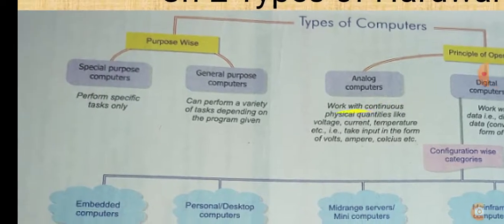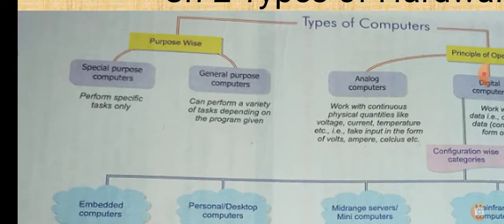When we divide computers on the basis of purpose, there are two broad categories: special purpose computers, and general purpose computers. Special purpose computers, as the name suggests, perform specific tasks only, while general purpose computers can perform a variety of tasks depending on the program given.